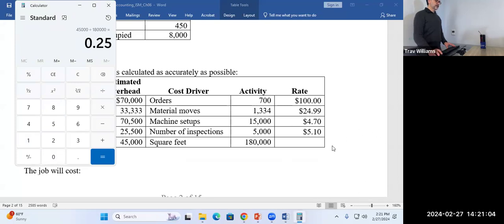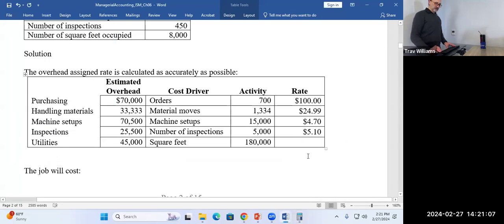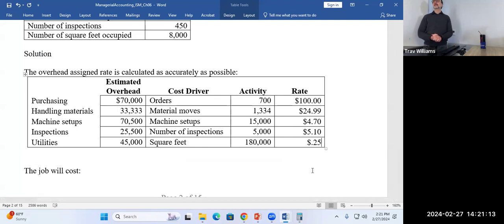And 25 cents per square foot for utility costs. Okay, so now we have 5 overhead rates. Any questions so far?